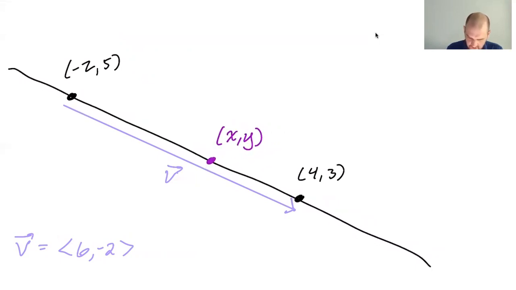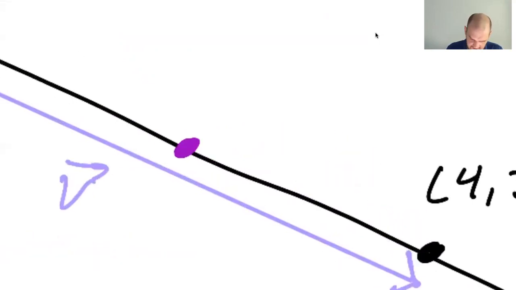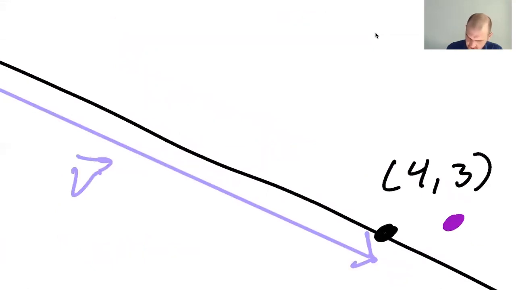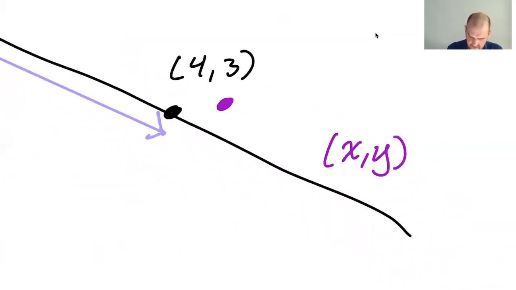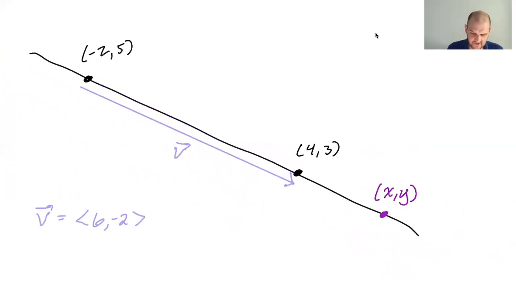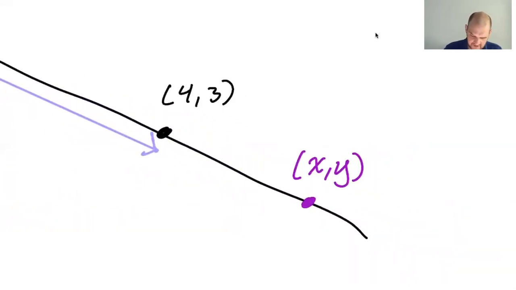Hold on. Let's move this there, and then I really need to copy. There we go. I'm setting this up, and it shouldn't really matter where I put it, but I think it's easier to follow if I put it where it is now. I'm going to make this vector from here to here.